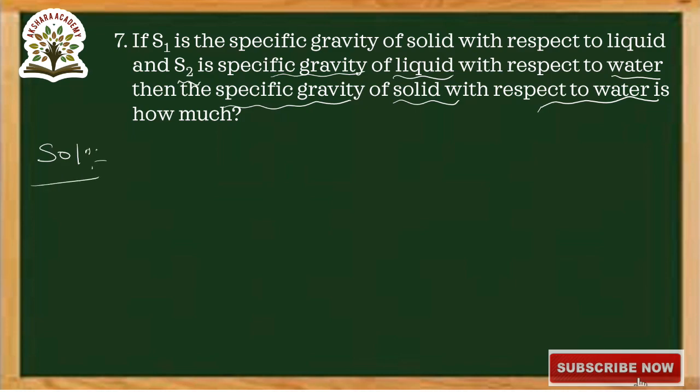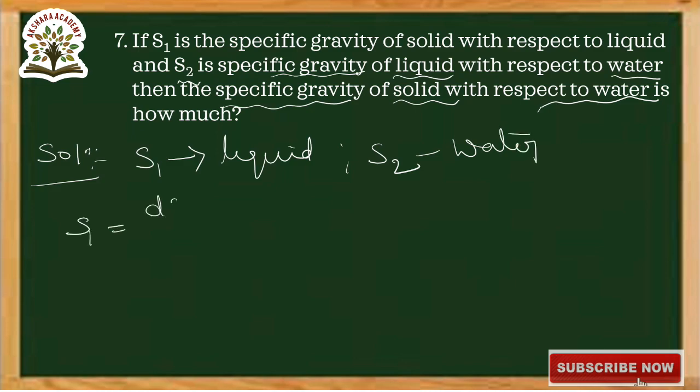Here they given S1, nothing but specific gravity of solid with respect to liquid, and S2, nothing but specific gravity of liquid with respect to water. So S1 is equal to ds by dl, and S2 is equal to dl by dw, density of liquid by density of water. S1 is nothing but density of solid by density of liquid.